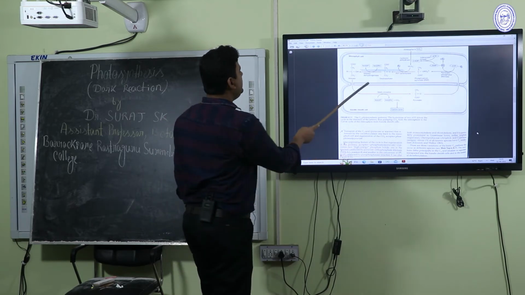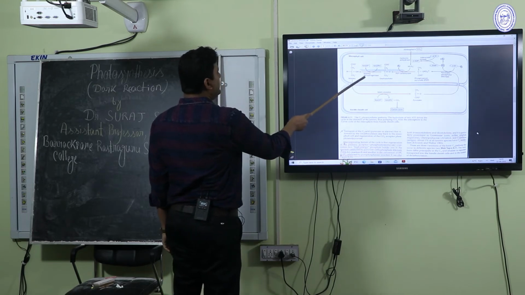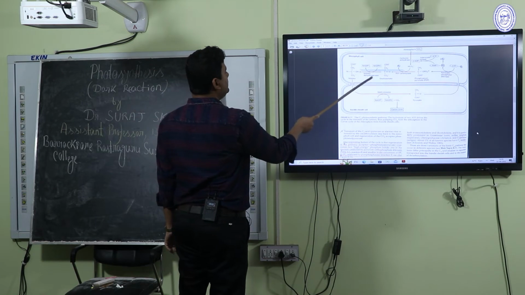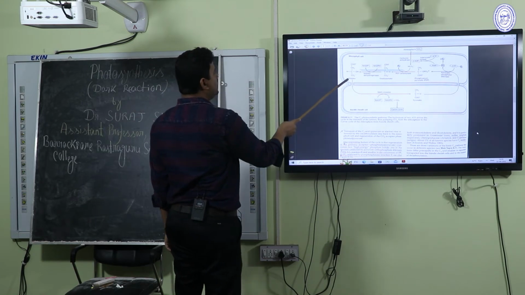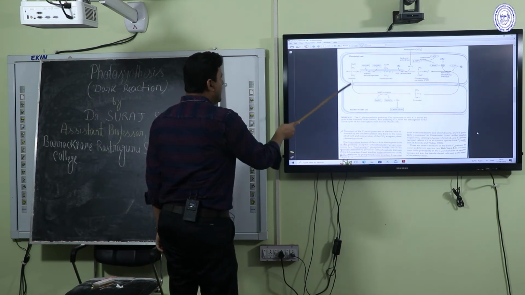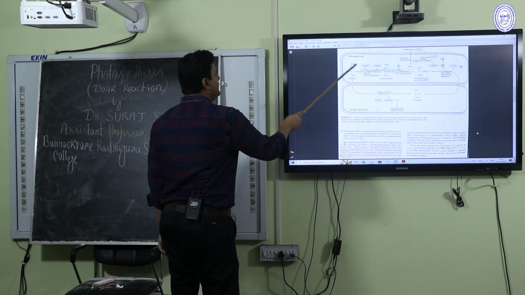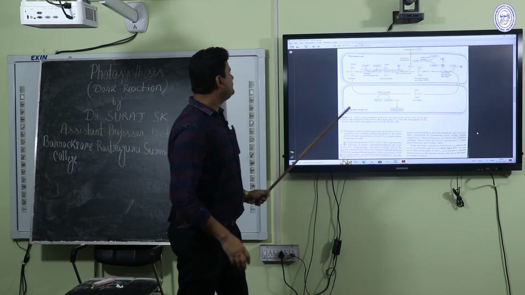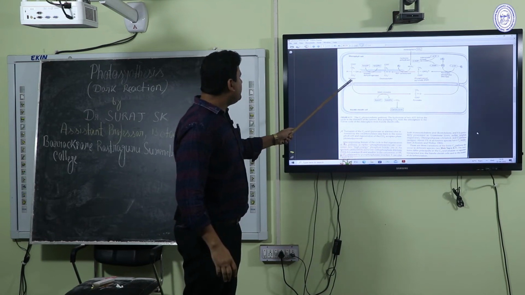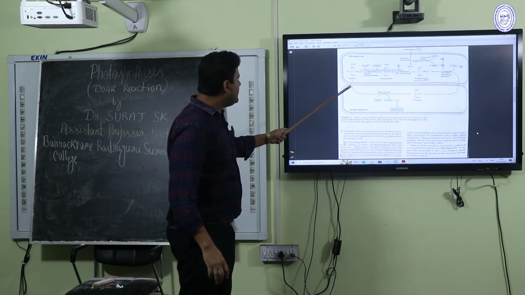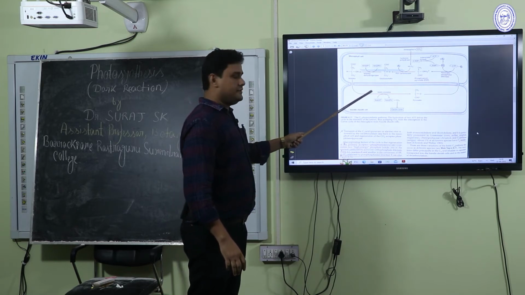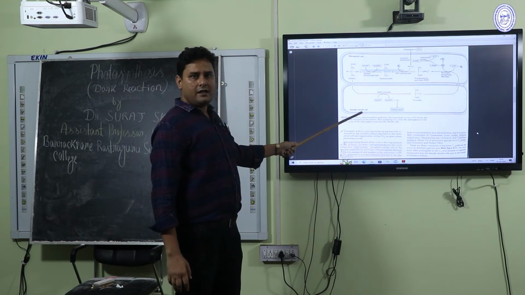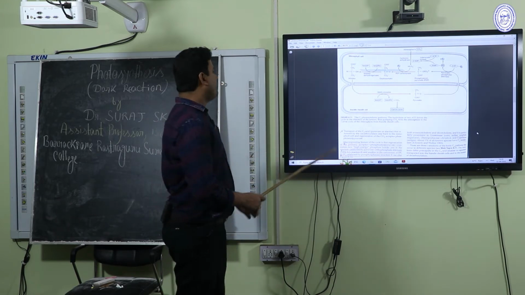You can see here that malate dehydrogenase continues this reaction, that is oxaloacetate will be converted into malate, and this malate is also a 4 carbon compound. Here, this 4 carbon compound malate will be transferred into the bundle sheath cells, as I mentioned earlier.